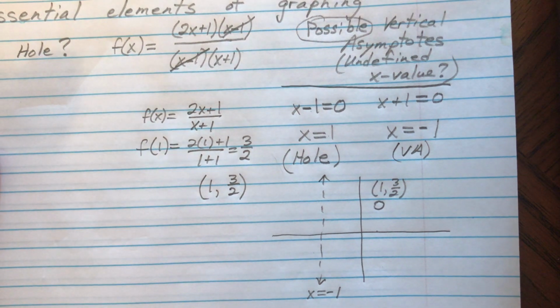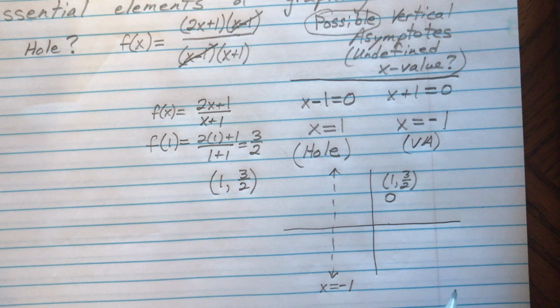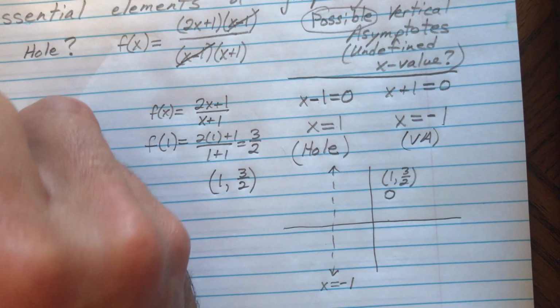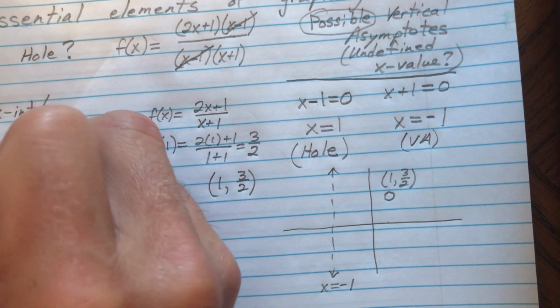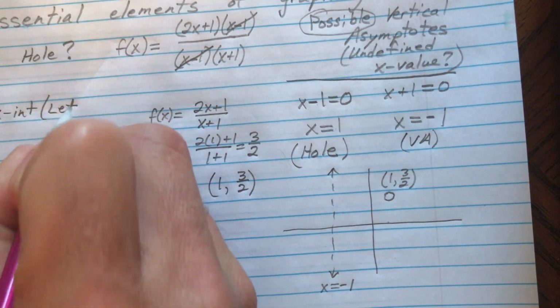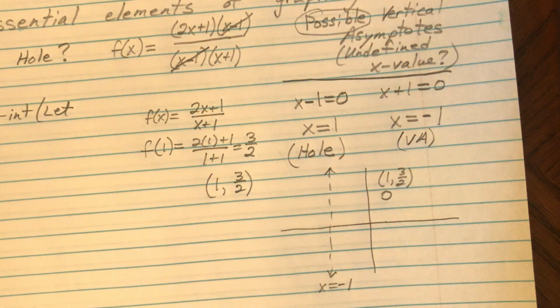Okay, next, now that we have our vertical asymptote and our hole, we need to find out where to hang this graph. So let's find the x-intercept. To find the x-intercept, any value on the x-axis has a y equal to 0.